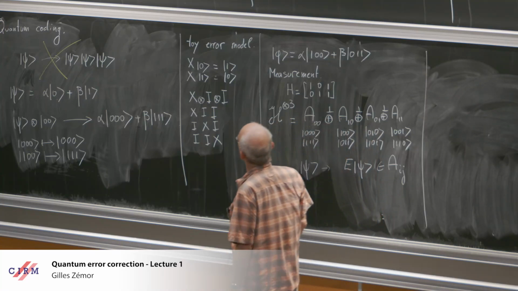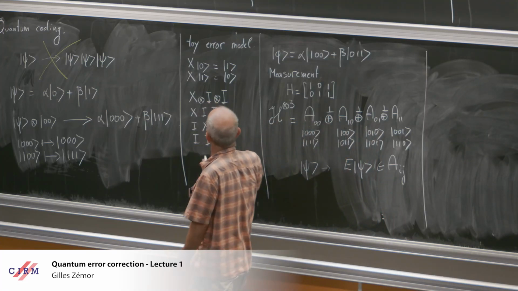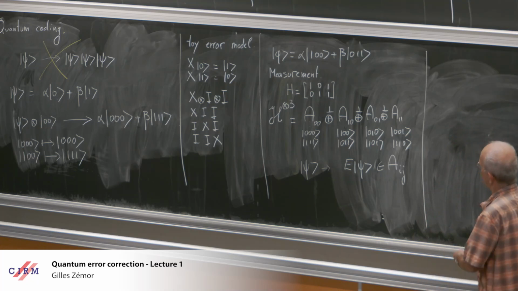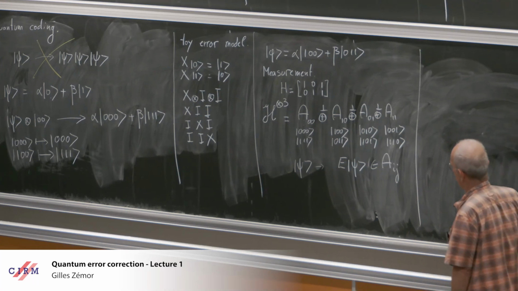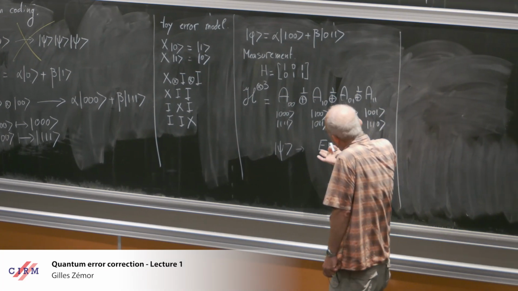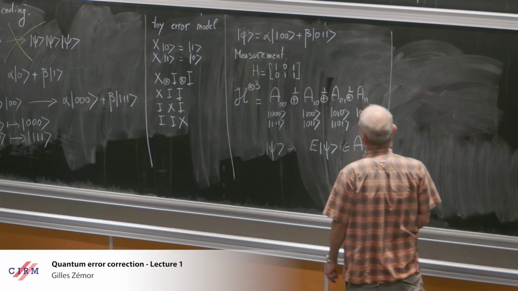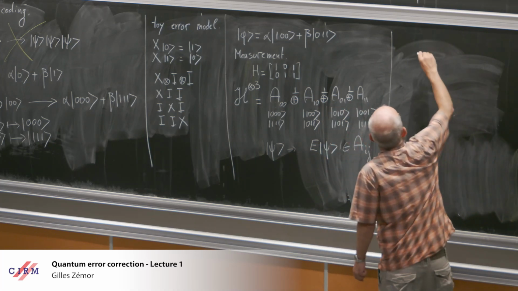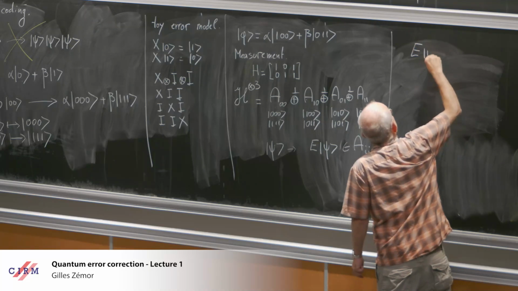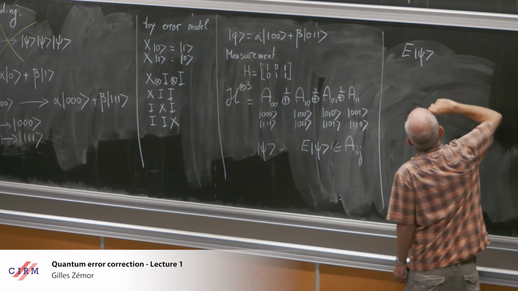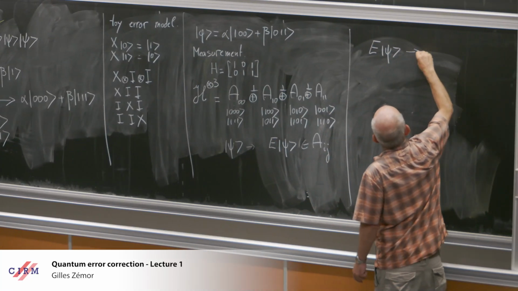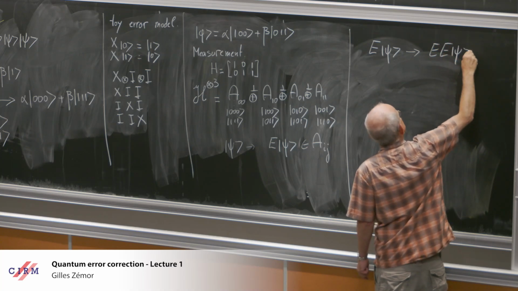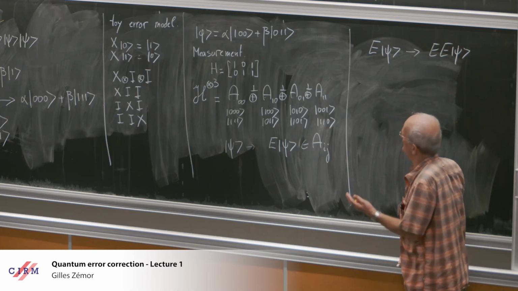And if we believe that the initial error was of this form, then we will have the error E exactly, and we can apply it again. We can go from E times psi to E times E times psi. We apply E again because we found the error vector.